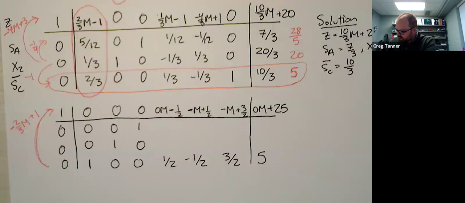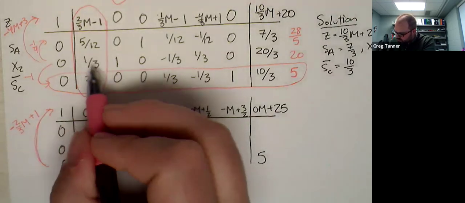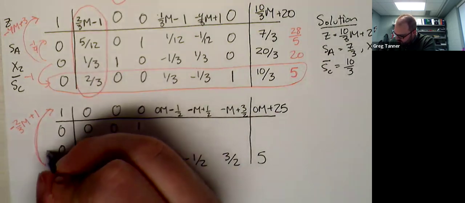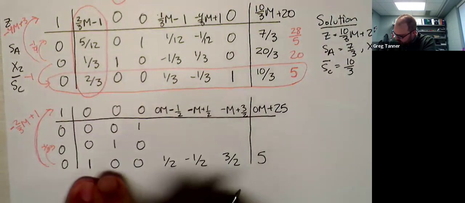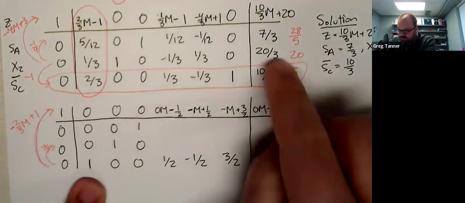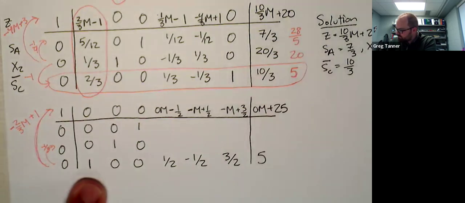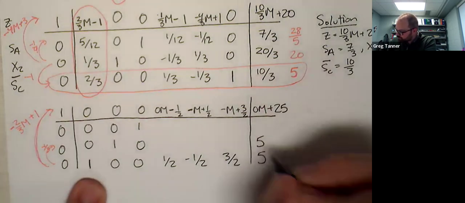And so just thinking of, I've got a 1 here, I need to get rid of a 1/3 here. And so I'm going to do minus 1/3 and add it up to this row. So minus 1/3 times 5 is negative 5/3, plus 20/3 is going to give me 15/3, and 15/3 is just 5.